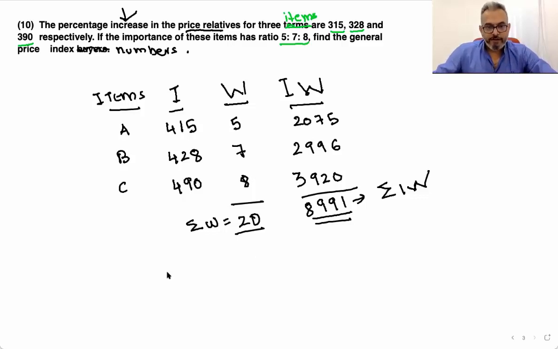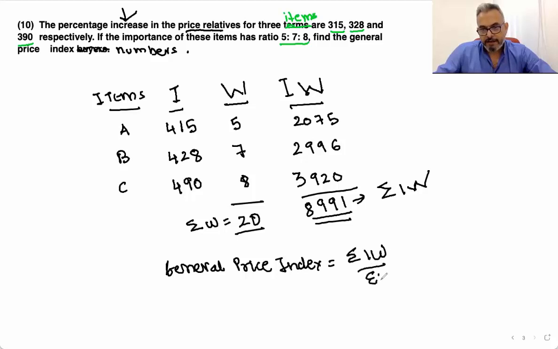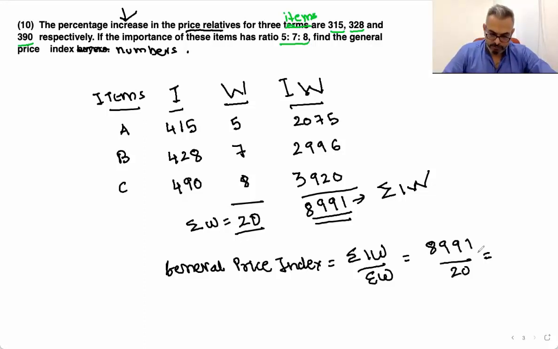So let's write general price index is equal to sigma IW upon sigma W, which is 8991 divided by 20.